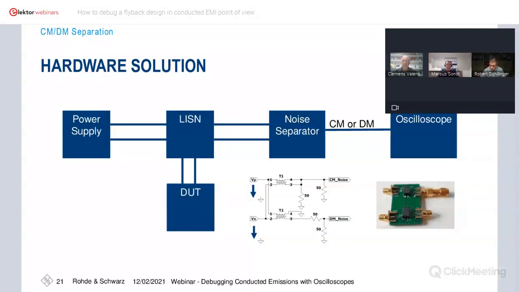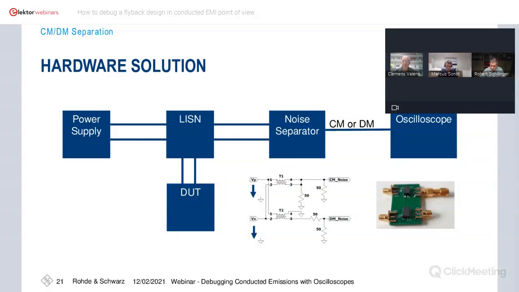This one on the picture is an additional board from my side. I also have a colleague from France. He also created a combiner splitter with other parts. If you are interested in the schematic and the production data, you can contact me and I can send it to you.